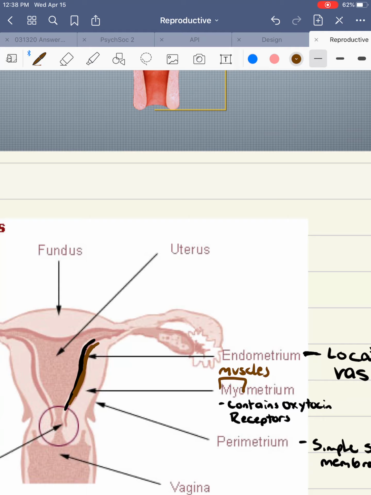The oxytocin. Remember the function of oxytocin in the endocrine system? It was released by the posterior pituitary after being produced by the hypothalamus. Again, hypothalamus produces oxytocin, but it gets secreted by the posterior pituitary, right? And it binds onto the myometrium.